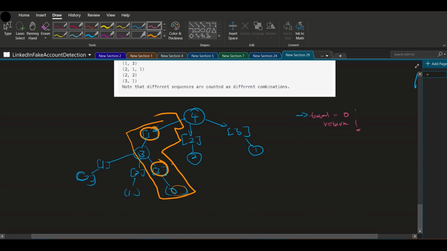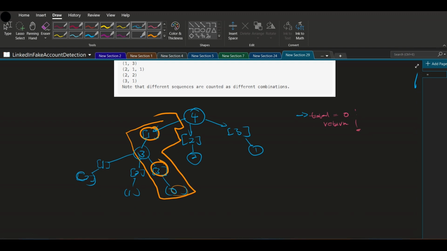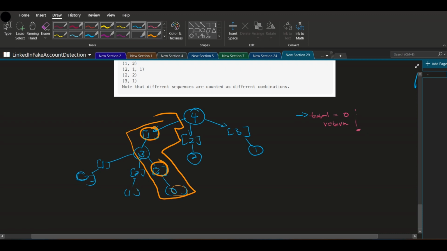Okay, let's continue with the other ones. Let's say we subtract 1, that returns 1, that's fine. We subtracted 1 from 3, it returns 1, that's fine. But what happens when we subtract 3? We're going to get negative 1.